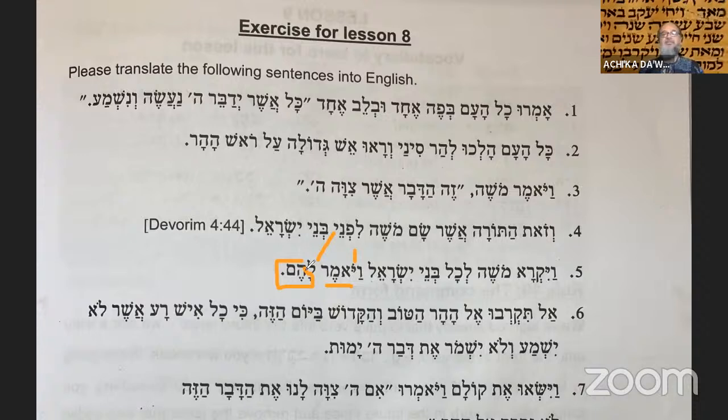You see? So when you look at these sentences and you look at these words, all, tikravu, they did not draw near because karav means to come near, and the u on them is they. Okay, you will not come to the hahar. Why won't you come to the mountain? The hatov. You see the hatov, the hahar.